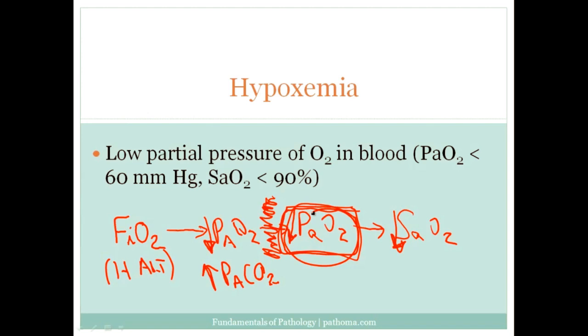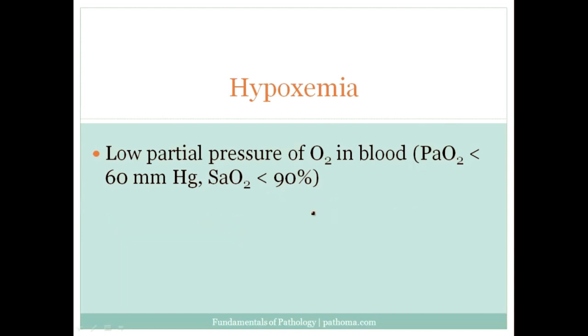So I hope that clarifies the concept of hypoxemia. The general principle is that hypoxemia refers to a low partial pressure of oxygen within the blood, and it's another cause of hypoxia, which is the broad topic that we're talking about.